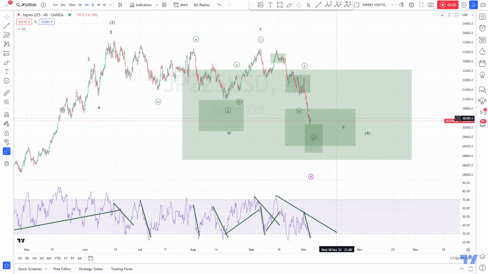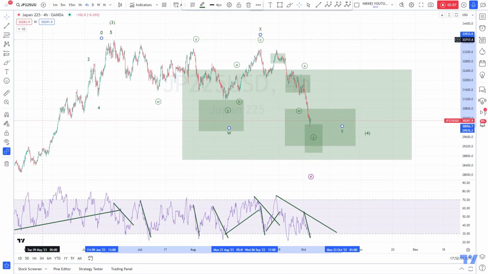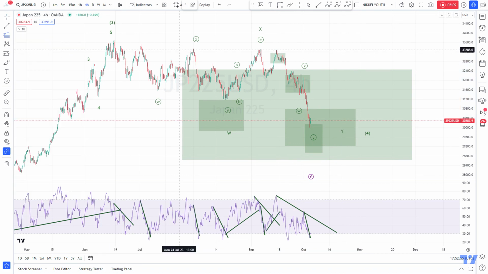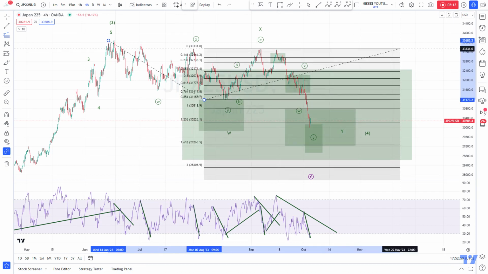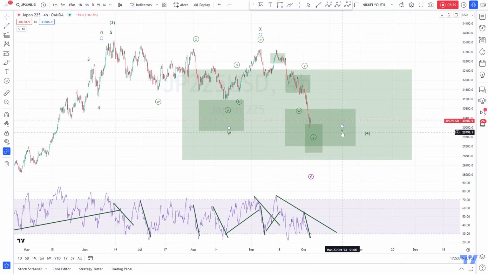What we can see is that we are here at the reversal area of this wave Y. If we take the length of the wave W, the length of the wave X, then this area between the 1 and the 1.618 FIB extension is the area from where we can start to reverse.